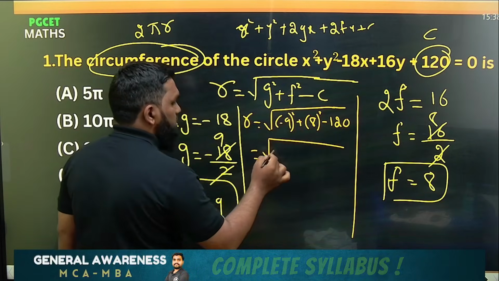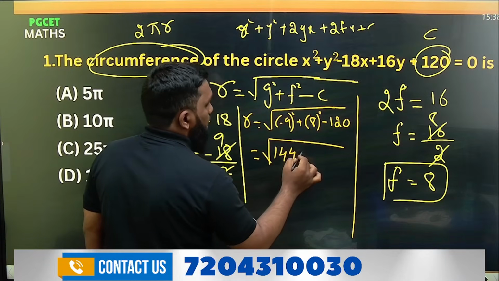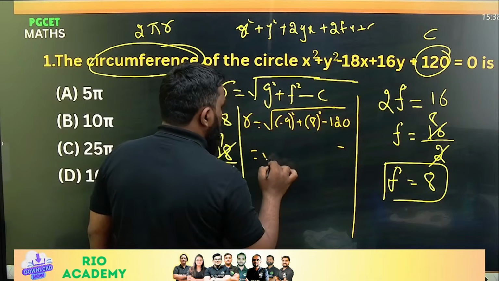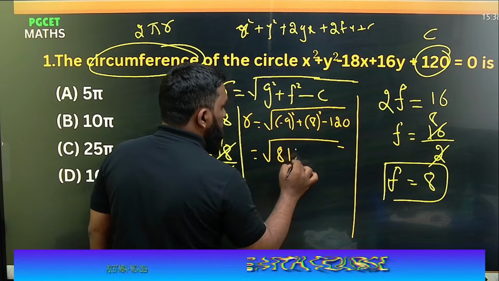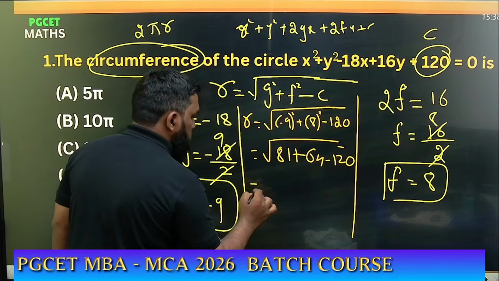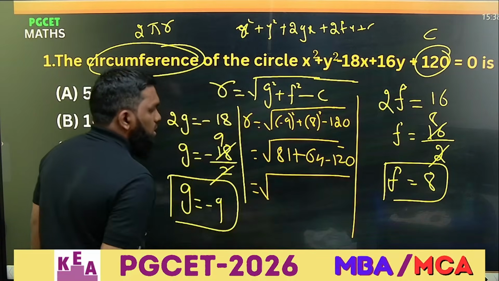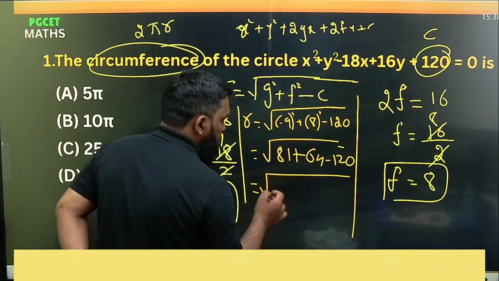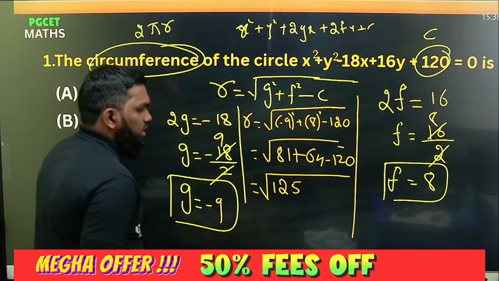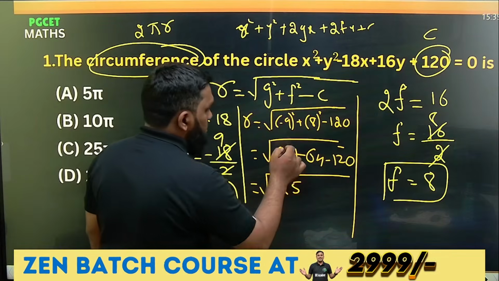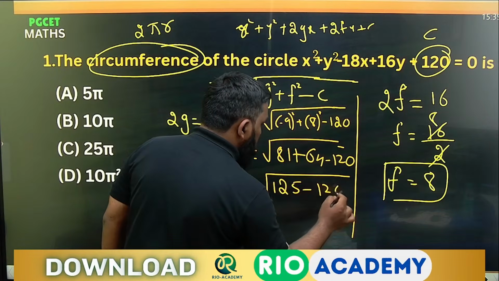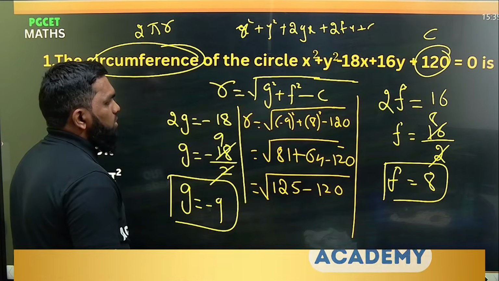Square of 9 is 81, plus 64, minus 120. The square root of 81 plus 64 is 145, minus 120.